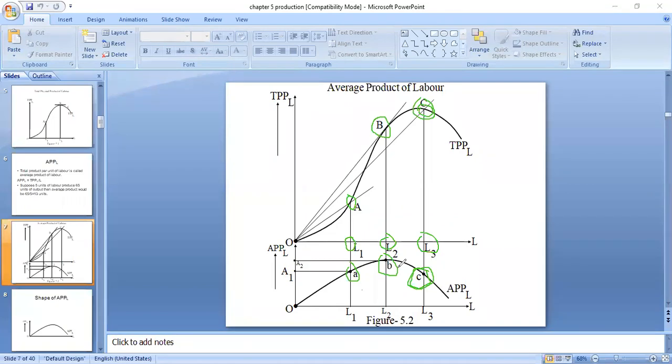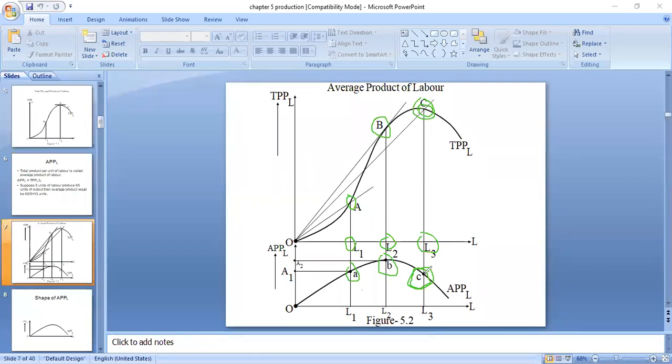This is a very important insight of these two figures. You must understand these two figures. Why is this at the peak and why is this declining? In the upper panel, we are showing that TPP is at its peak. But in the lower panel, we are not showing the total; we are showing the average, and average always indicates the rate: total product divided by total labor.